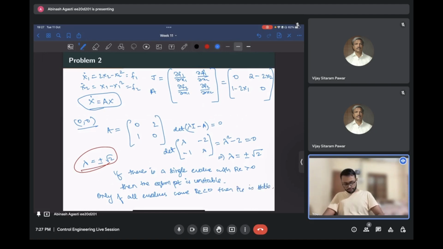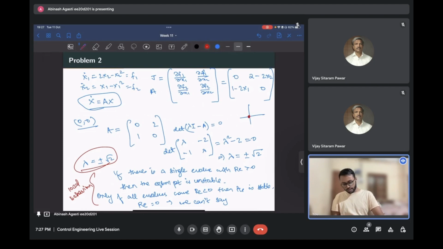And if real part equal to 0, then we can't say, right? And all of this is only local behavior. Local behavior in the sense that, say (0, 0) is an equilibrium point, right?